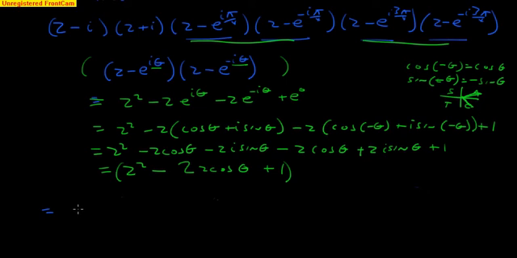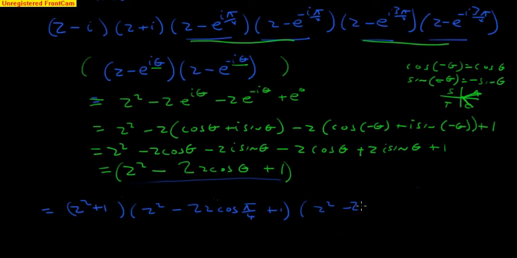My factors then are, by the difference of two squares, z squared plus 1. And using this idea, I'm going to get z squared minus 2z cos of pi by 4 plus 1. And then again using that idea the second time, you get z squared minus 2z cos, this time of 3 pi by 4, plus 1.